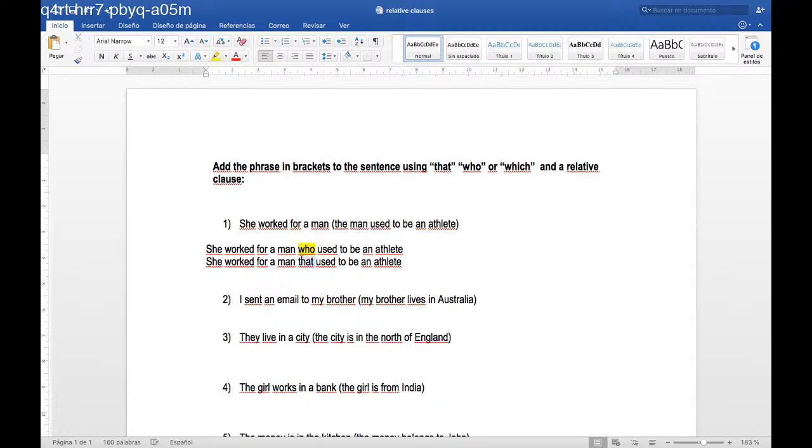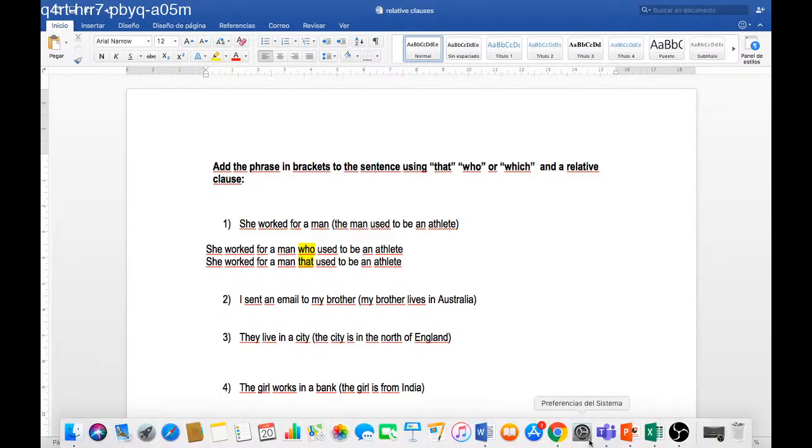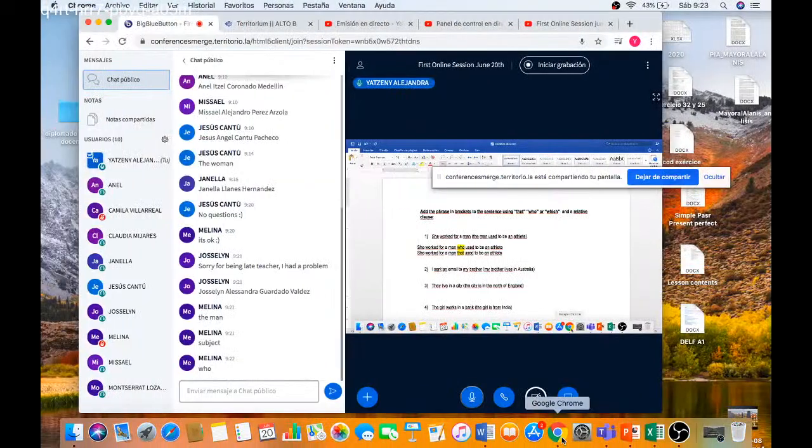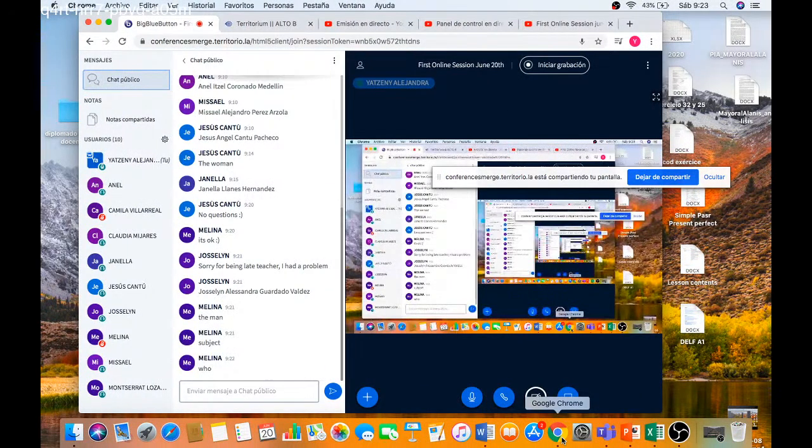So if I have it, I am not going to use it, okay? This helps me to avoid repeating the man. Who and that make reference to the man. Is it okay with number 1?